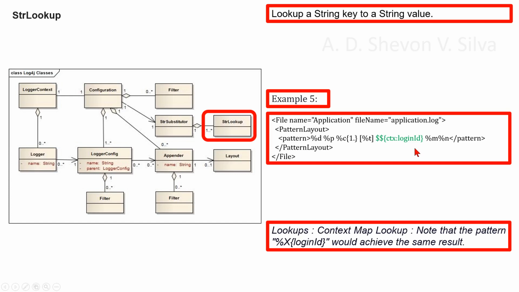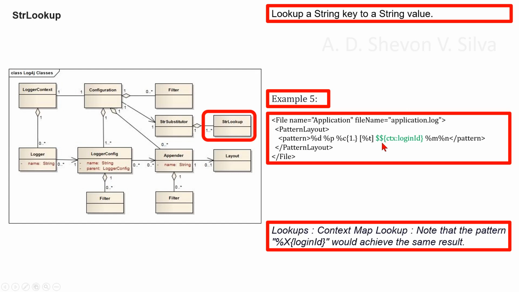The context map lookup allows the application to store data in the Log4j thread context map, then retrieve the values in the Log4j configuration. In the example here, the application would store the current user's login ID in the thread context map with the key loginId. During the initial configuration processing, the first $ sign will be removed.